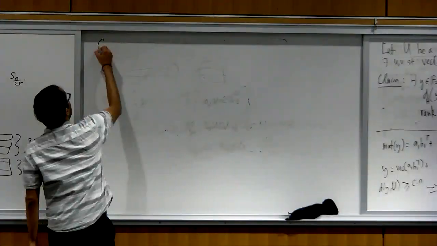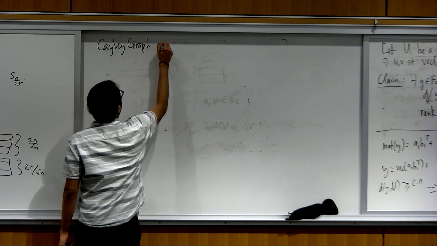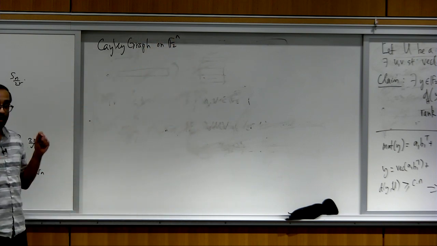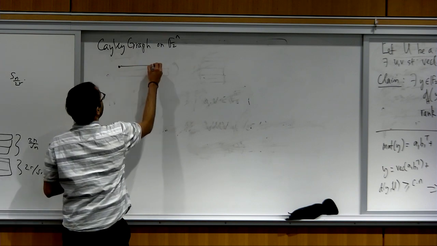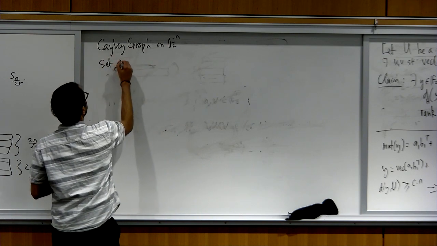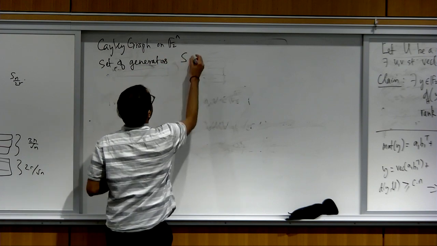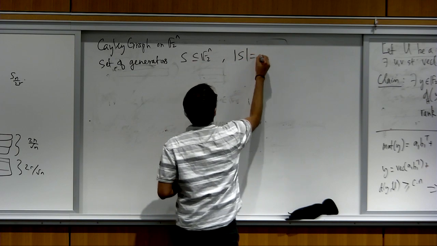Okay. So the Cayley graph on F2 to the n. Here the vertices correspond to vectors from F2 to the n, and then you have a set of generators S, which is a subset of F2 to the n, and think of the size of S to be of order n.